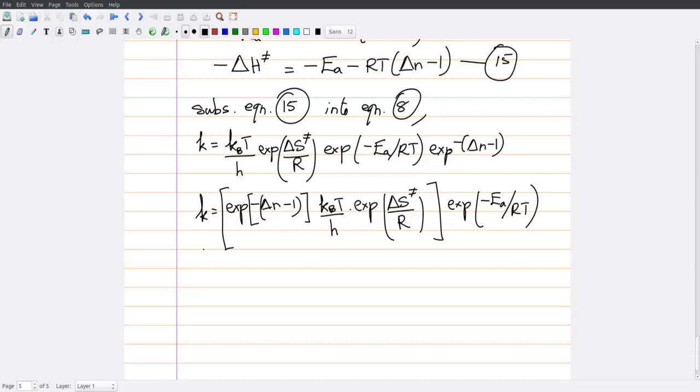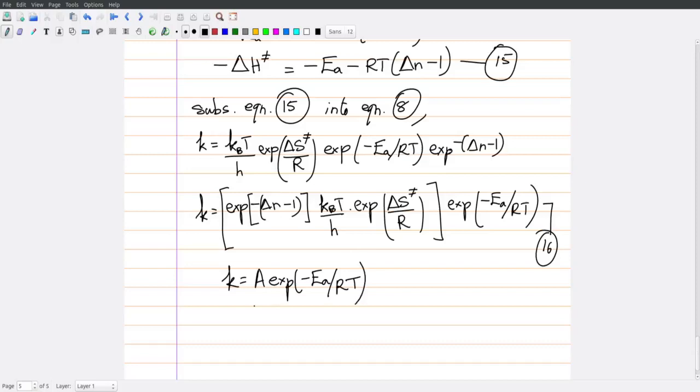Let's say this is equation 16. Now we know from the Arrhenius equation that the rate constant k equals A exponential minus EA by RT.